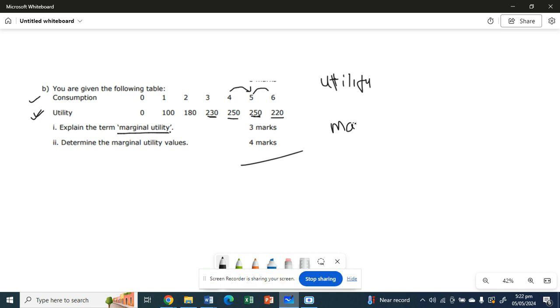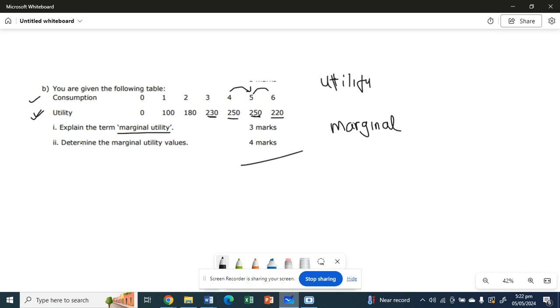Let me repeat that again. The marginal utility is the additional satisfaction that you get when you consume an extra unit of a good. That's this term marginal utility.